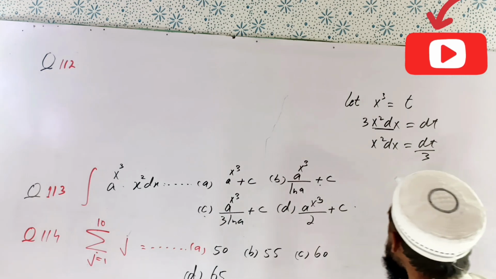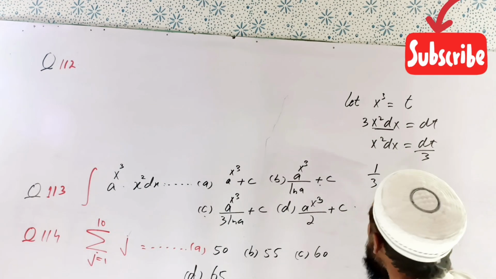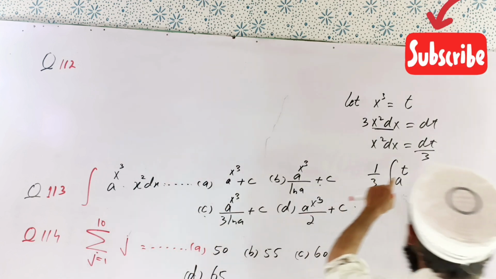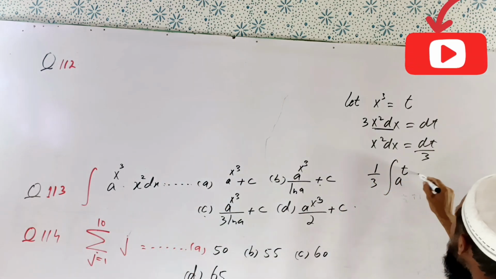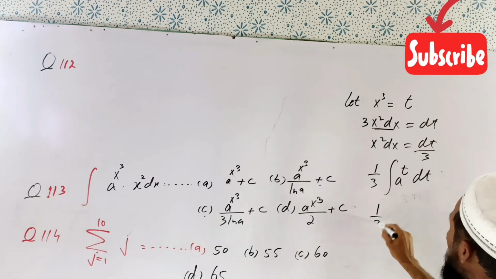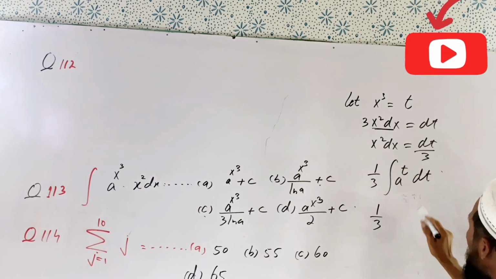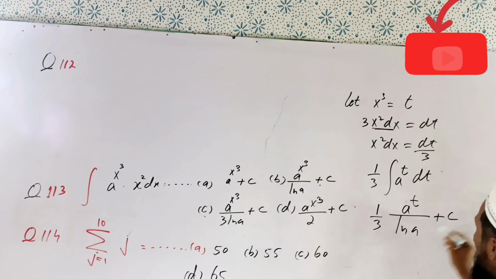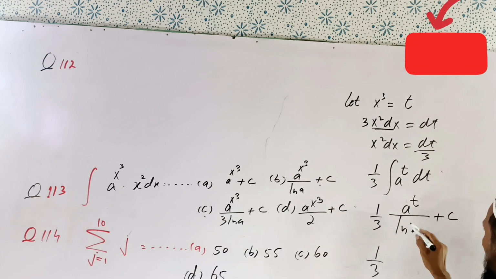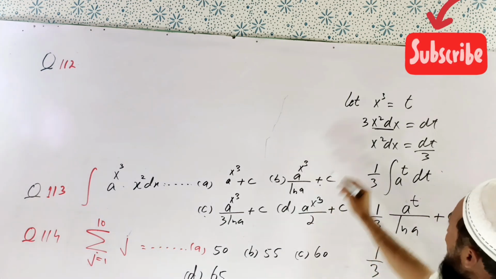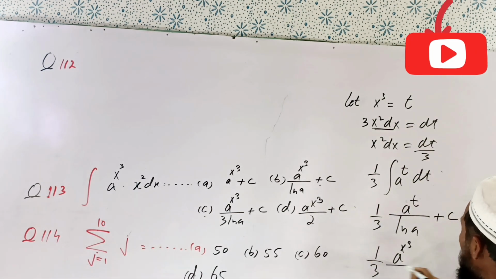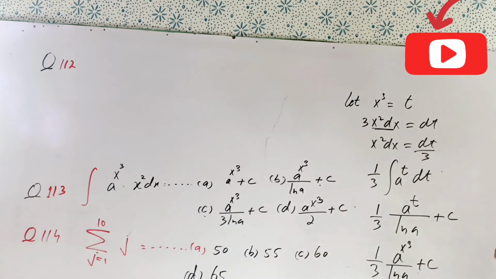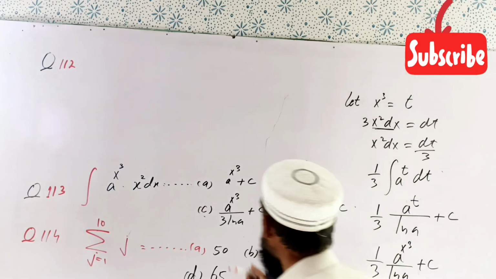Now we can write 1 by 3 times the integral of a to the power t dt. Using the formula for the integration of a to the power t, which is a to the power t divided by log a plus c, we get a to the power x cube divided by log a, plus c. Now we check the options. Option C is the correct option.